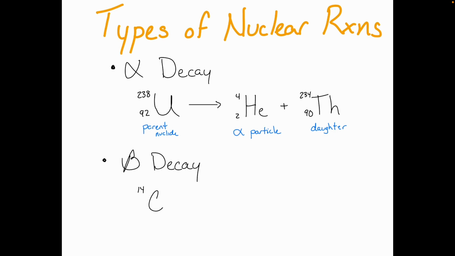So if, for example, we have a carbon-14 atom, nuclide, this would decompose into nitrogen-14 and eject an electron here.